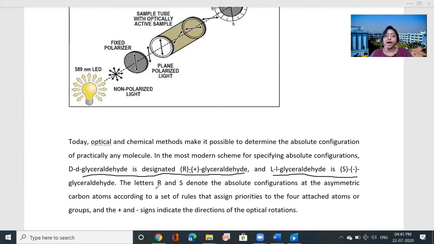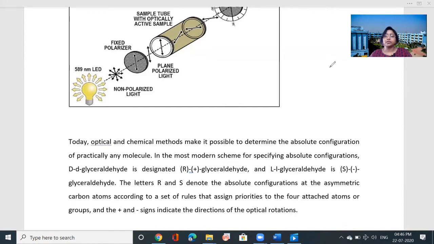The letters R and S denote the absolute configuration at the asymmetric carbon atoms according to a set of rules that assign priorities to the 4 attached atoms or groups. And the positive and negative signs indicate the direction of the optical rotations.